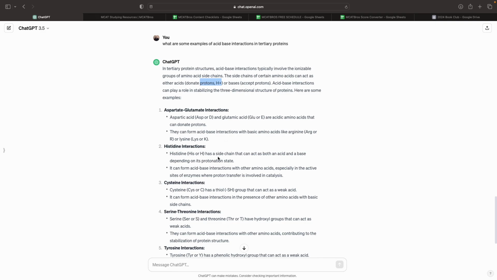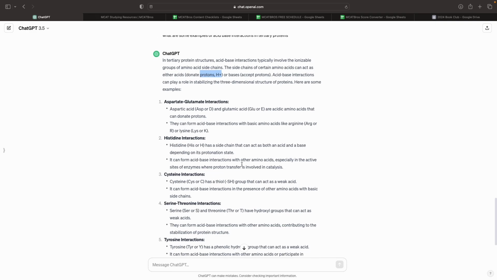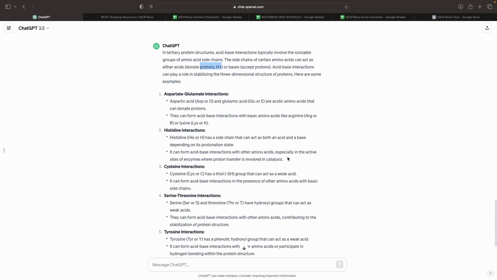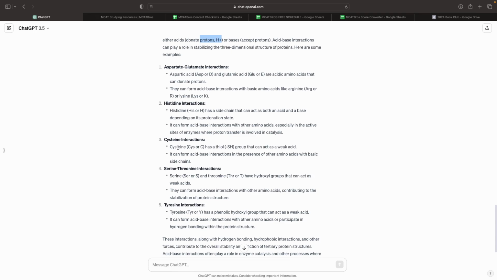Histidine has a side chain that can act as both an acid and a base depending on its protonation state. Interesting. It can form acid-base interactions with other amino acids, especially in the active site of enzymes where proton transfer is involved in catalysis. And we have cysteine, which has a thiol group, the SH, that can act as a weak acid. It can form acid-base interactions in the presence of other amino acids with basic side chains.